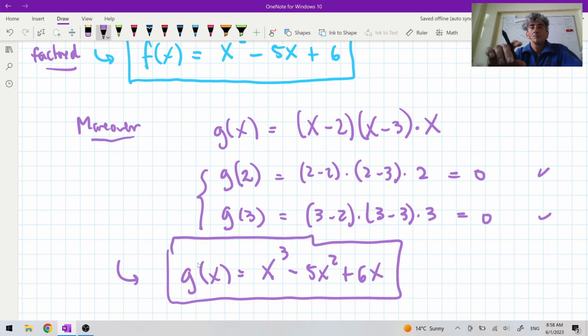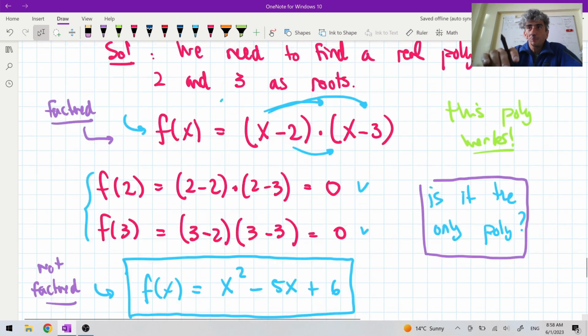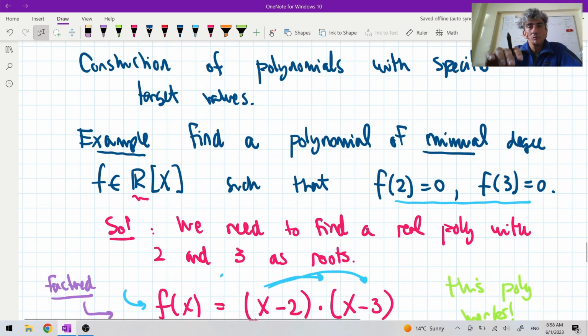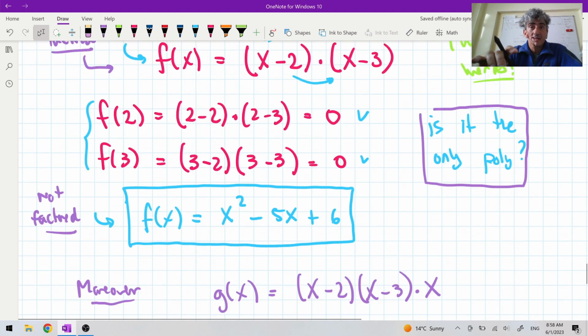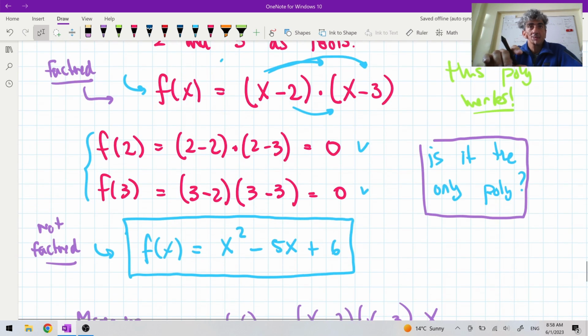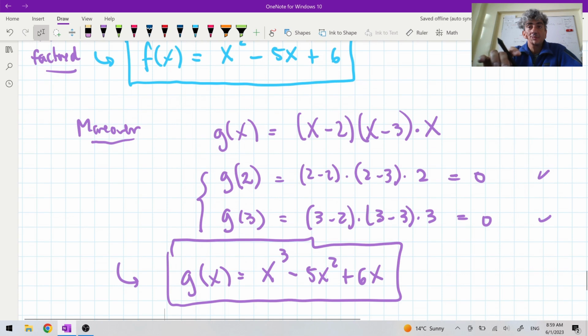Okay, so just specifying the roots of a polynomial does not specify the polynomial. There are many polynomials with the same roots. In this case, f has degree 2 and g has degree 3.